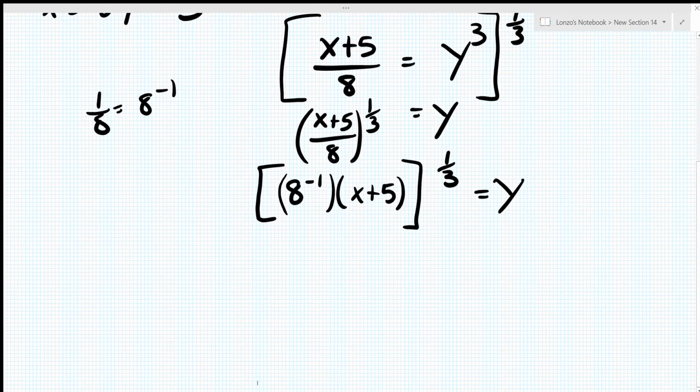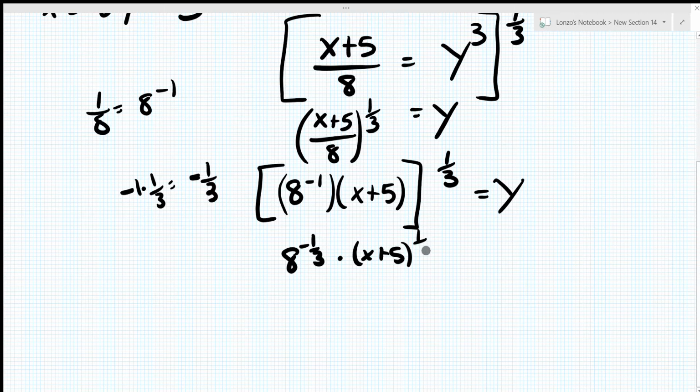So remember, when you're raising exponents, you're multiplying the exponent powers. So let's do the 8. It's like saying negative 1 times 1/3, which is negative 1/3. So that's like saying 8 to the negative 1/3 times x plus 5 to the 1/3, right?